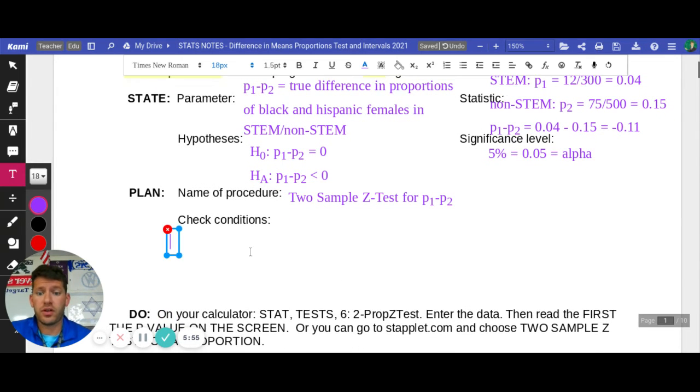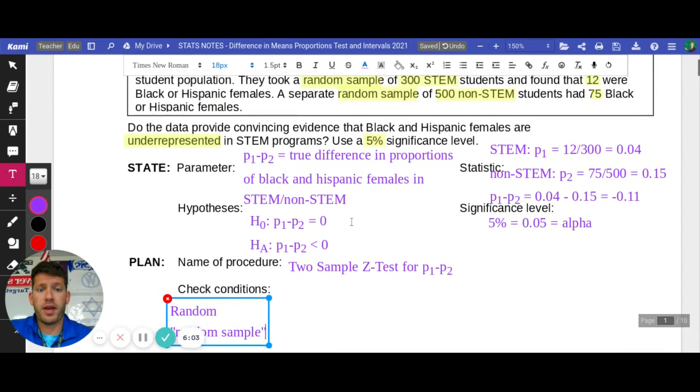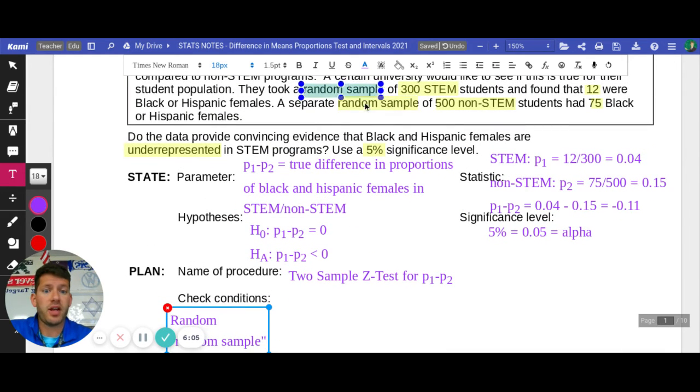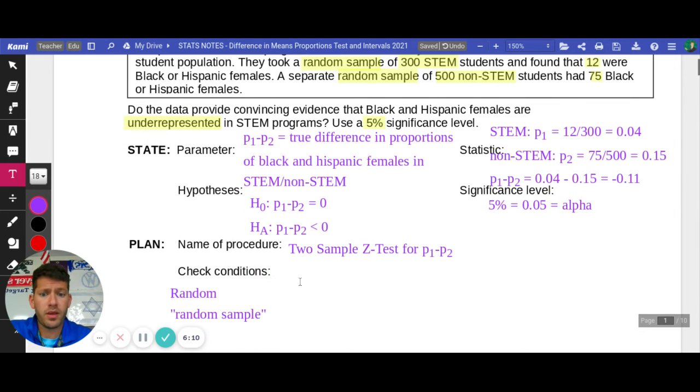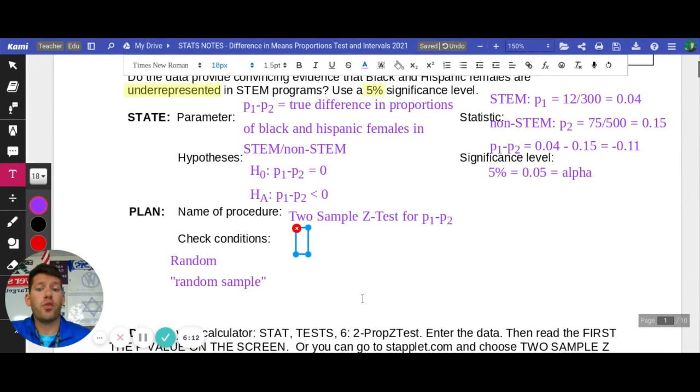These conditions are going to look familiar. We're looking for randomness, and we do see the words random sample for both our STEM and our non-STEM. The university took a random sample. That's good. We want to check our normal.